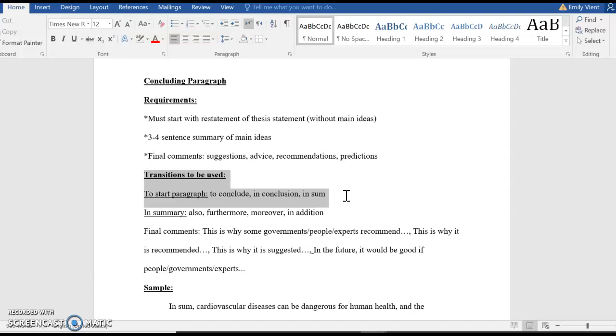We're trying to use more higher level transitions in our writing. When you write the summary, just like when I taught you to write the summary paper at the beginning of the semester, you want to use transitions in the category of addition: also, furthermore, moreover, in addition, additionally, because basically you're adding ideas after each other.